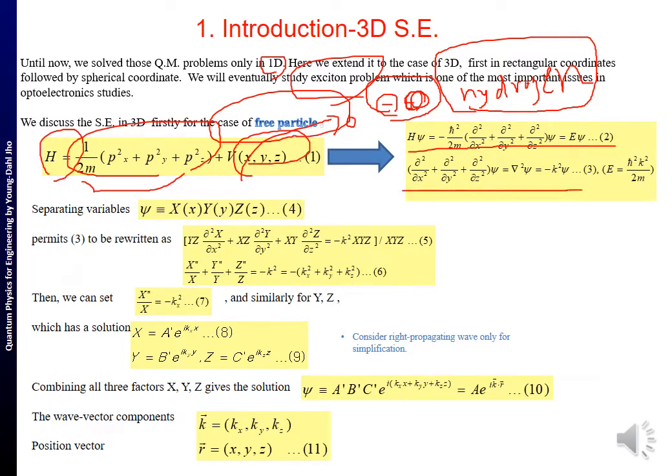We solve it. We divide both sides by minus h bar squared over 2m. Then this energy is replaced by minus k squared, where the energy E is defined as h bar squared k squared over 2m. And here, the partial derivatives squared with respect to x, y, and z together are called the Laplacian.